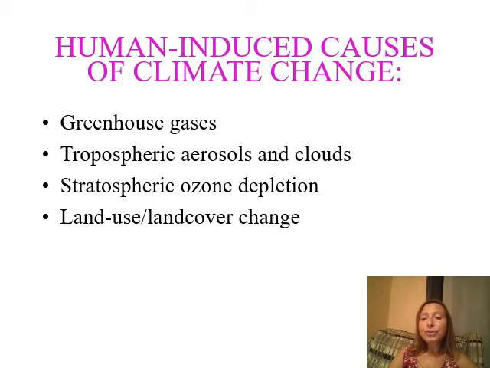Today, there is a very strong scientific consensus that along with all these natural causes of climate change, it's anthropogenic, or man-made, climate change that is affecting our planet in much more profound, much faster, and the most dramatic ways.